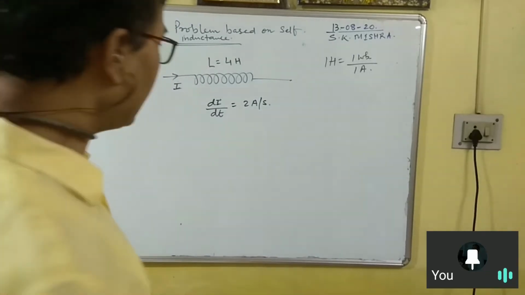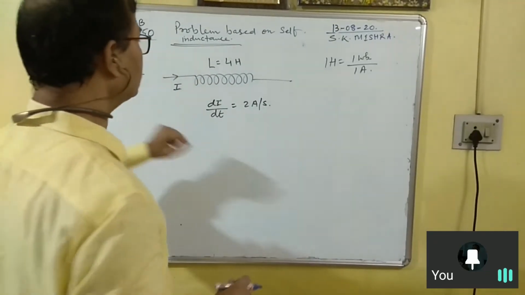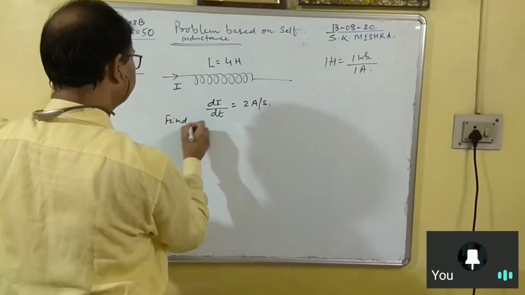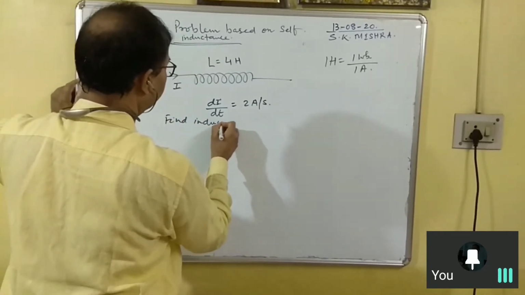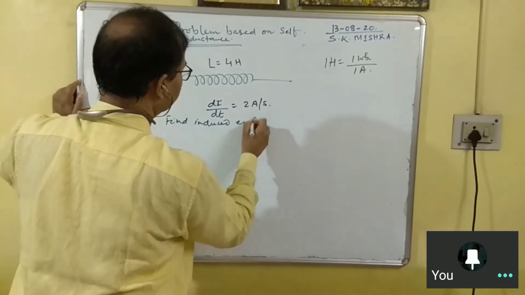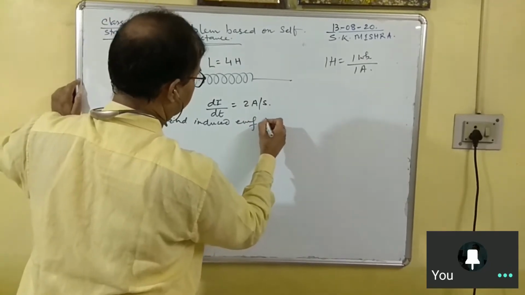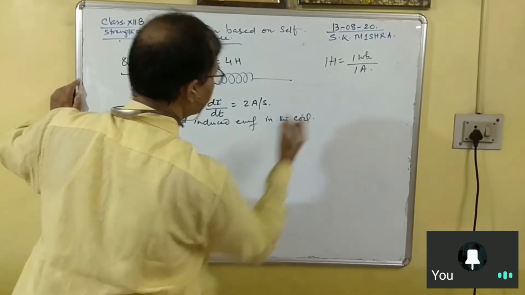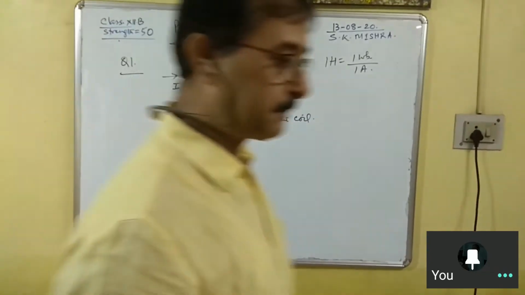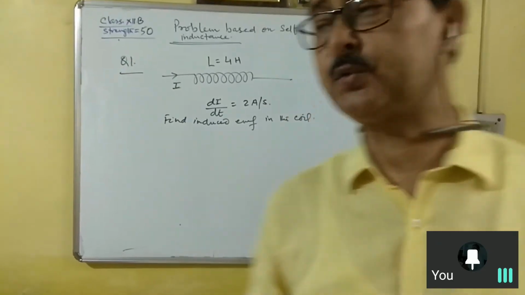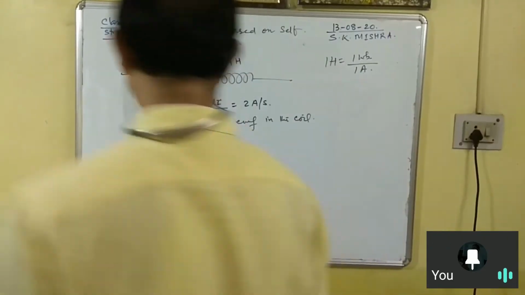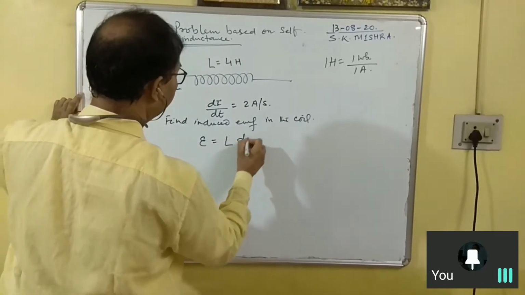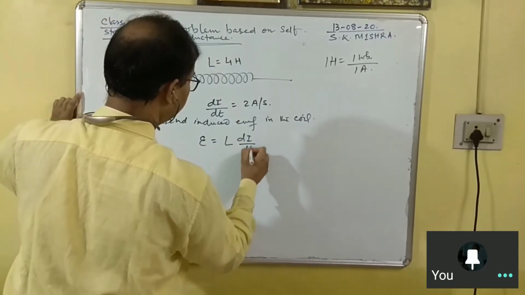Now you are asked to find the induced EMF in the coil. How will you find it? Remember, in the previous lecture I gave you the formula for the induced EMF: E is equal to L di by dt.